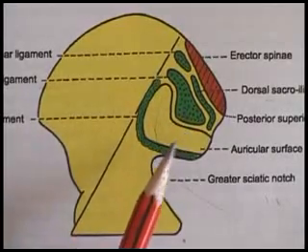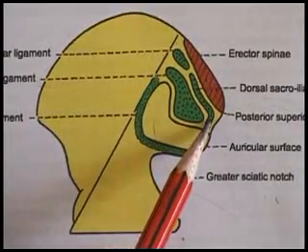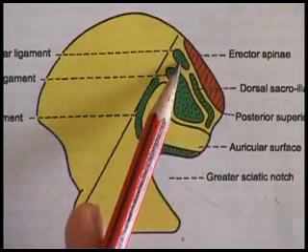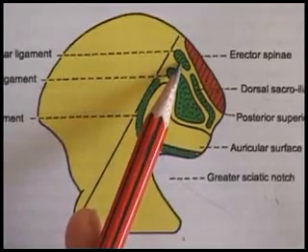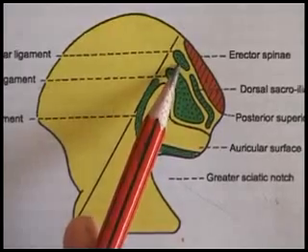The dorsal sacroiliac ligament is attached above the interosseous one on the hip bone. The iliolumbar ligament extends from the transverse process of the fifth lumbar vertebra to the posterior part of the inner lip of the iliac crest.